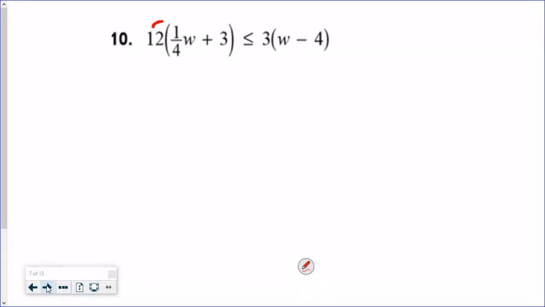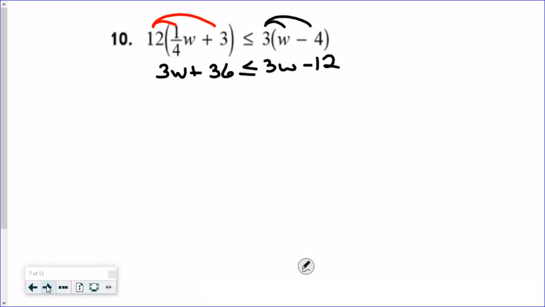Okay. Distribute, be careful. 12 times 1/4 in your calculator would be 3w, plus 12 times 3 is 36, another distribution, 3w minus 12. Okay, now I'm going to get rid of my variables first.